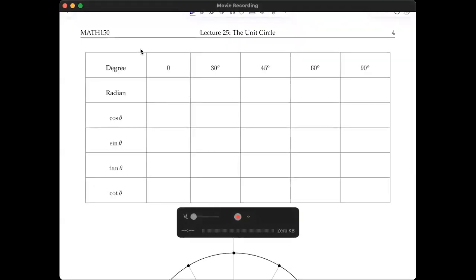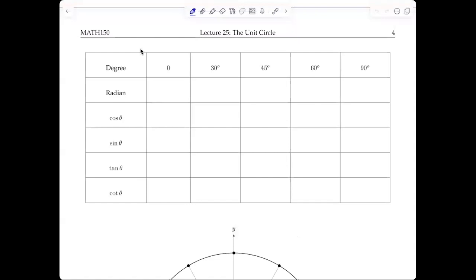So the reason for that is when I first introduced this table, I had this row be sine, because it is actually easier to learn about sine of 0, sine of pi over 6, sine of pi over 4, and so on, rather than cosine.